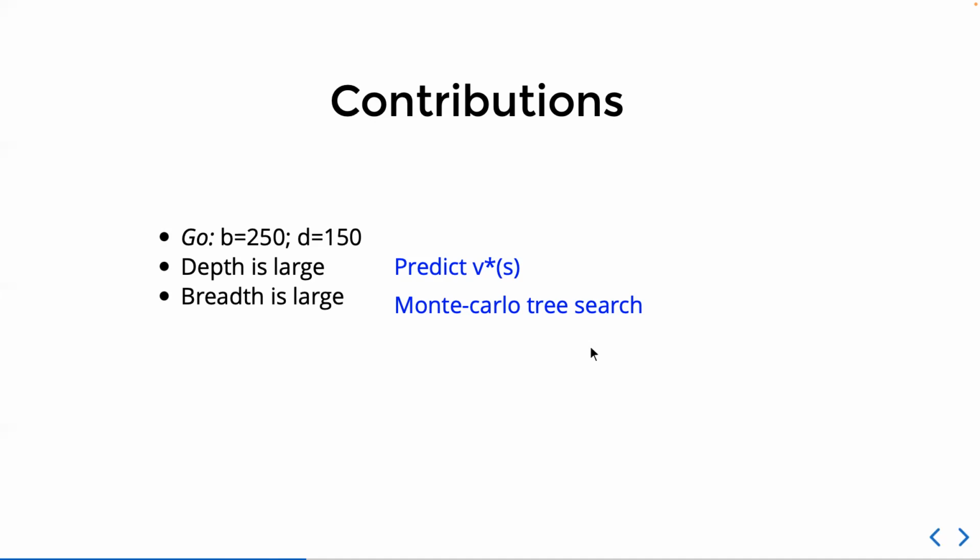Basically, it samples several different paths and finally chooses the path that is most visited, without going through all the possible paths. Oh, sorry, can you repeat what Monte Carlo tree search is? It samples several paths instead of going through all of them to find the best one. Okay. Thank you.